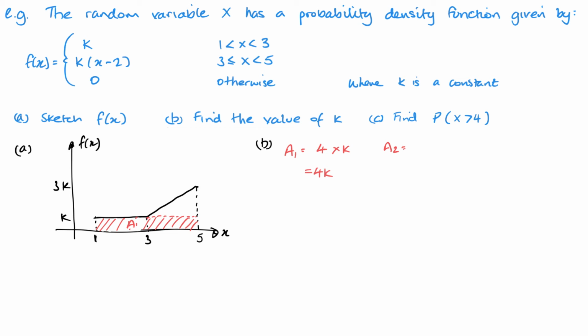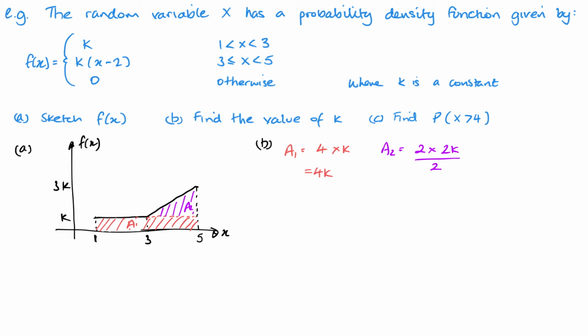And area 2, let's do that in a different color. It's going to be this purple here. That's a triangle now, isn't it? So the base is between 3 and 5, so it's going to be 2, times height. That's between 3k and 1k, so it's 2k.